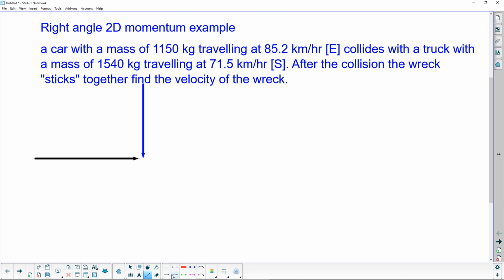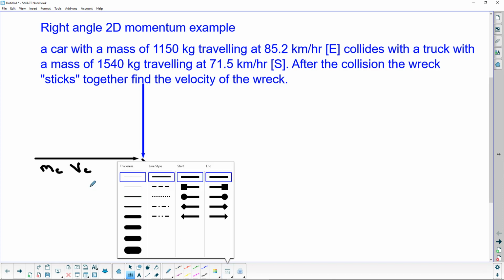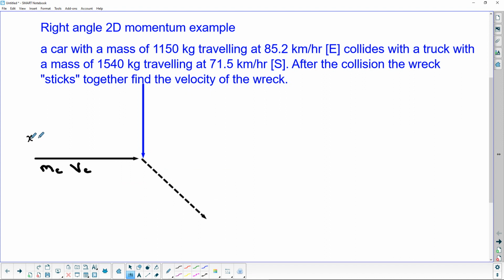Okay, now they're going to collide together and go some direction like this, depending on the momentums. We don't know exactly where it's pointing, but somewhere in there. Okay, so we know that we've got our mass of our car and our velocity of our car. So that would be our x direction.